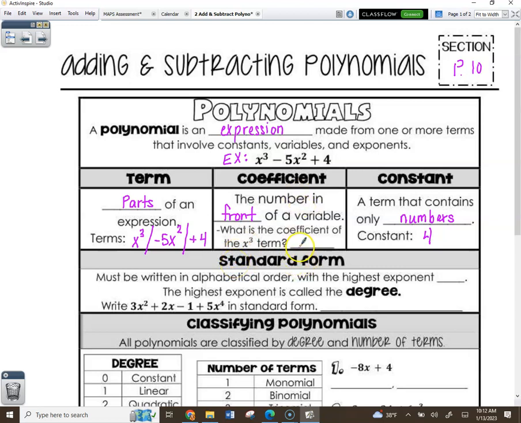What's the coefficient of, say, x squared? The sign goes with it. So what's the coefficient of x squared? Negative 5. What's the coefficient of x cubed? There is an understood 1 right there. So it's 1.